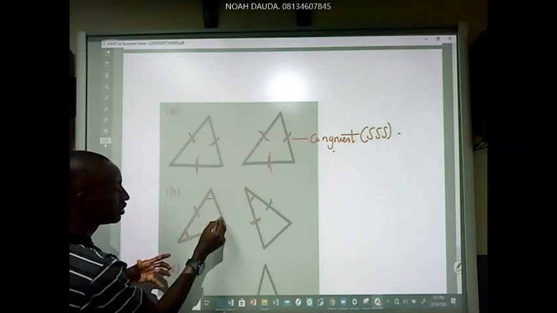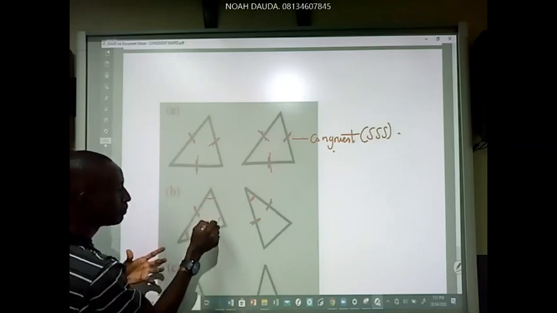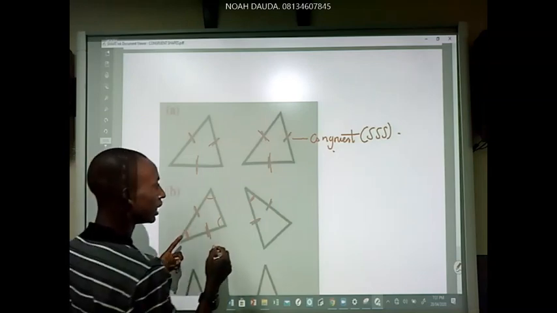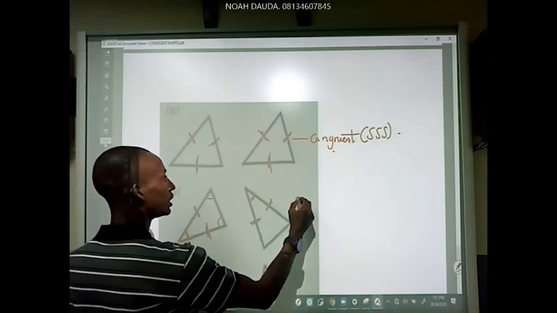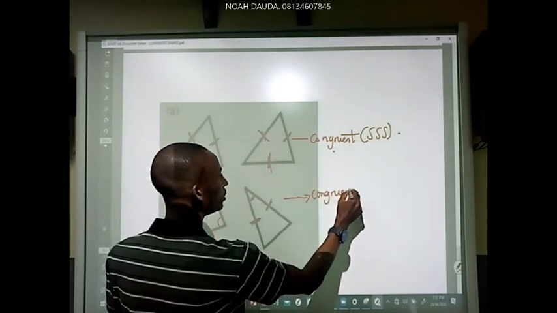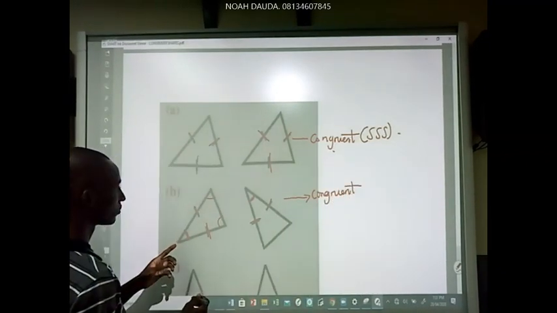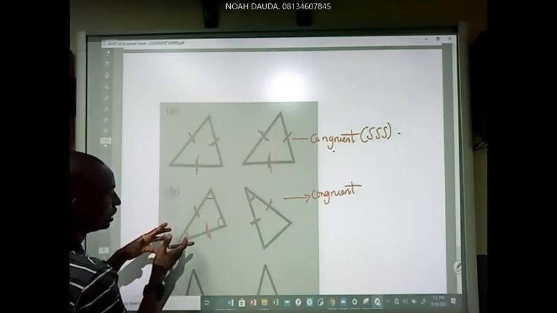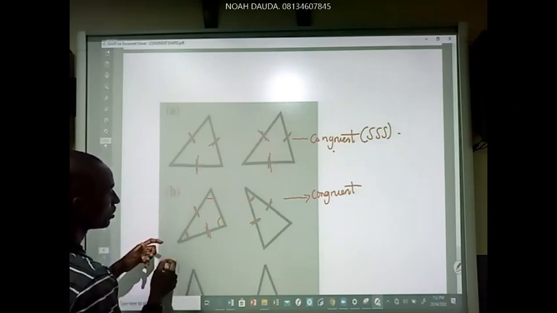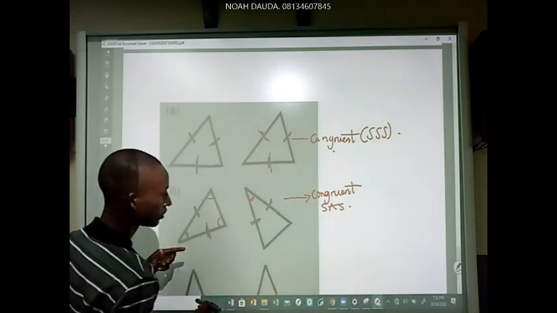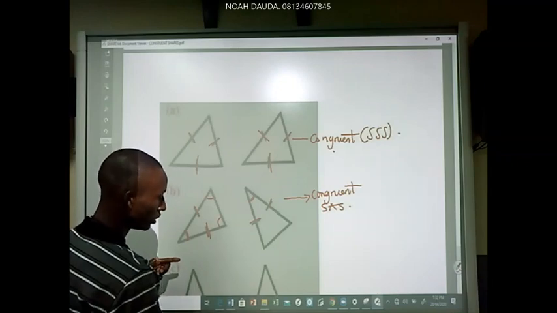It means that for an isosceles triangle, the base angles must also be the same. As a result of that, this is also congruent. You have your side, and you have the angle in between the two lines. So we have the side, angle, side. Now let's move on to the next one.